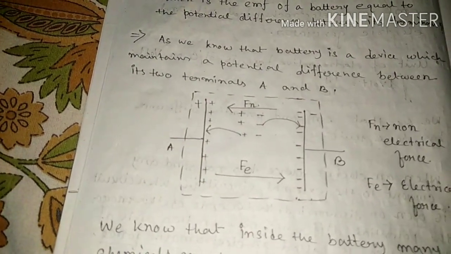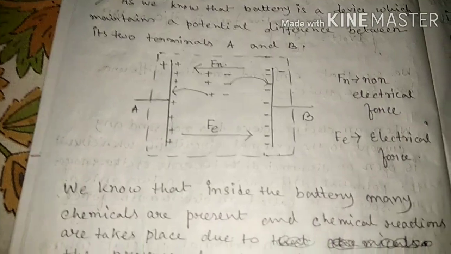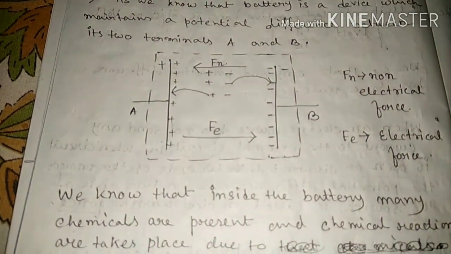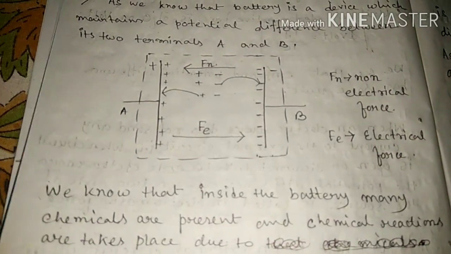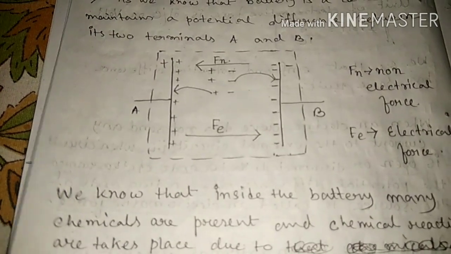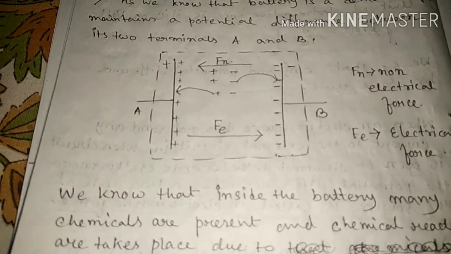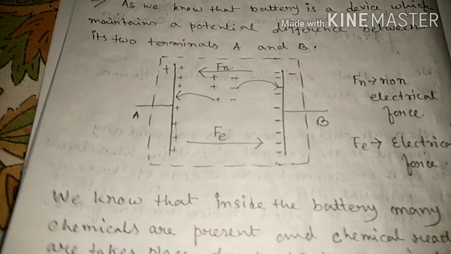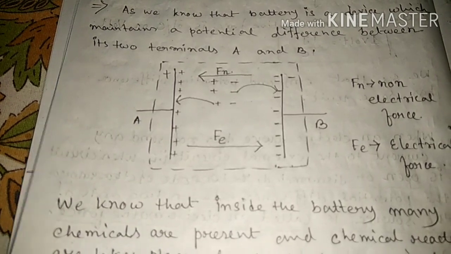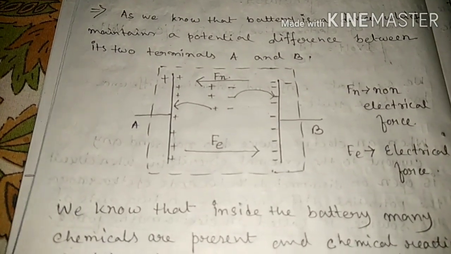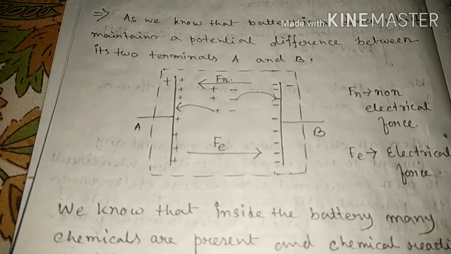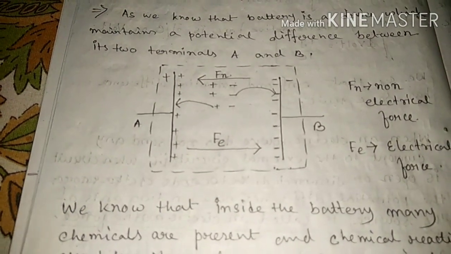Due to this chemical reaction, a force is generated. If you consider an example, electrolysis, one electrolyte is there and two electrodes are there. The electrolyte is ionized, or divided into two ions, positive and negative. Then the positive and negative ions are attracted by the two electrodes.